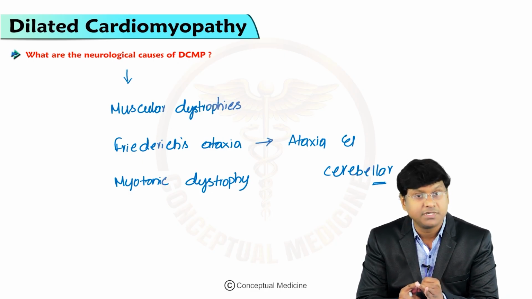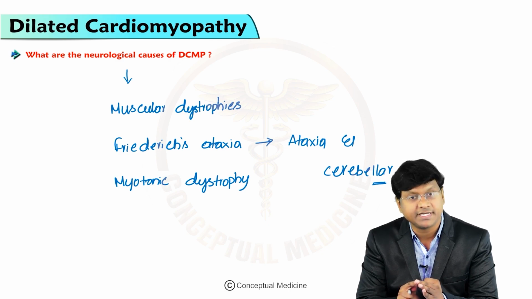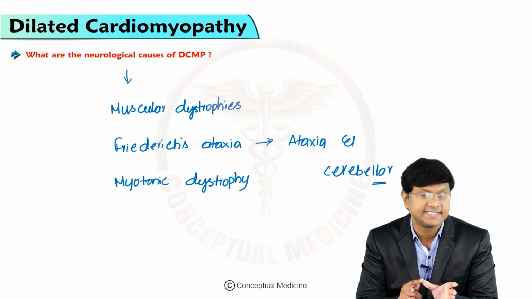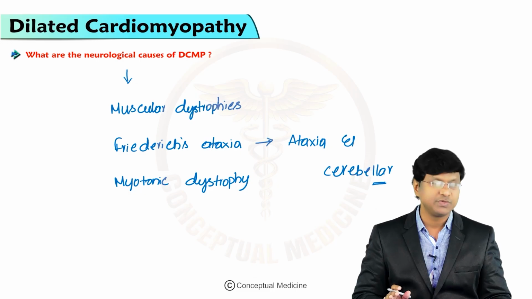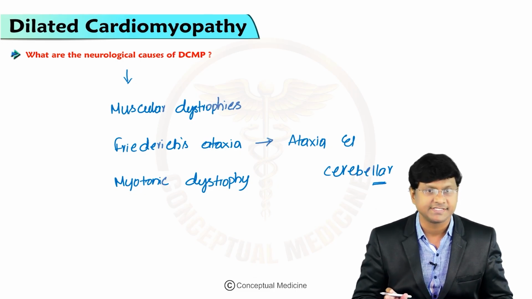And Romberg sign will be positive. There will also be dysarthria, where there is difficulty in articulation of speech. There will also be dysmetria, and then nystagmus. So these will be the features of Friedreich's ataxia.